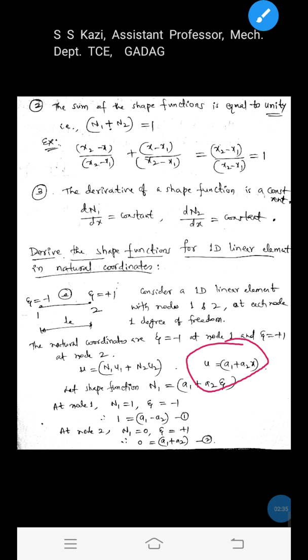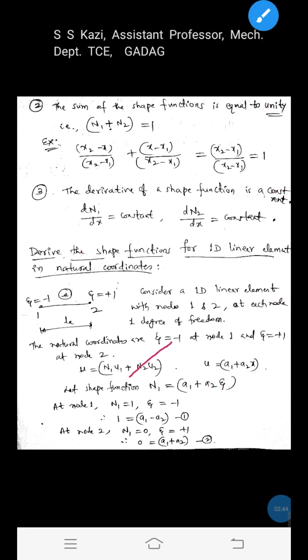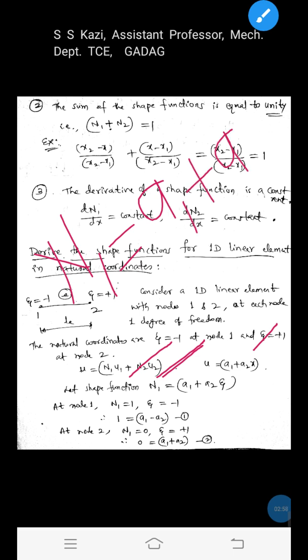We know that the displacement function for a 1D linear element is given by u is equal to a1 plus a2 x. Now let the shape function N1 also be an interpolation function, or you can say a displacement function. This shape function can be related to a1 plus a2 x. Since we are now deriving the shape functions in terms of natural coordinates, x has to be replaced by zeta.